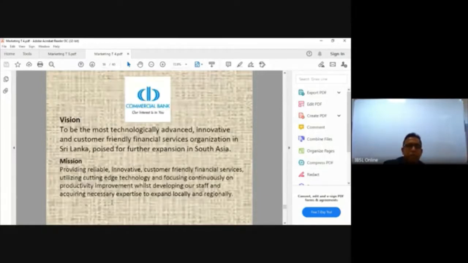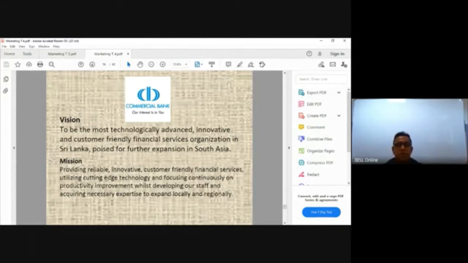And Commercial Bank: to be the most technologically advanced, innovative, and customer friendly financial services organization in Sri Lanka, poised for further expansion in South Asia. Mission is providing reliable, innovative, customer-friendly financial services utilizing cutting-edge technology and focusing continuously on productivity improvement whilst developing our staff and acquiring necessary expertise to expand locally and regionally.